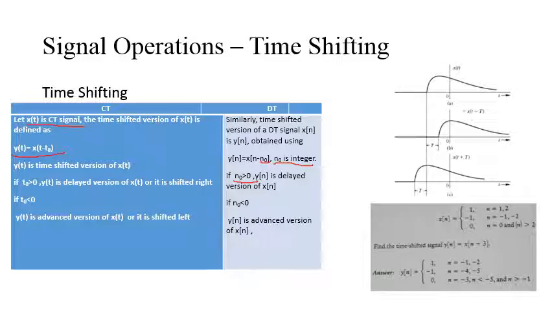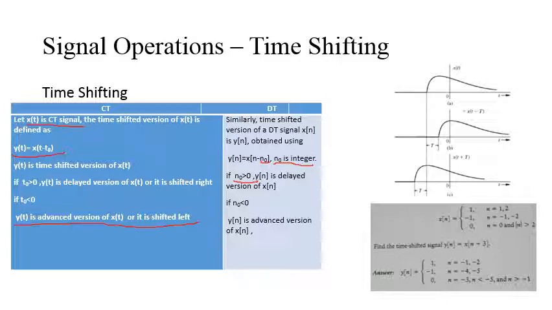So again, the same is the case for the continuous time signal. So if t naught is less than 0, that means if t naught is negative, then we say y of t is the advanced version of x of t, right? So we can also say it's basically shifted left, right?